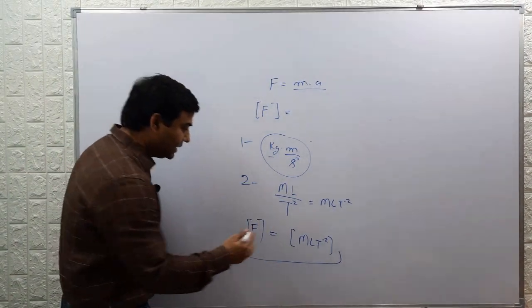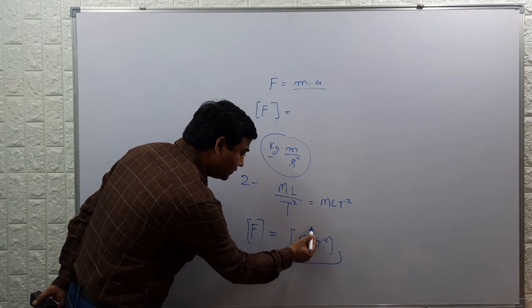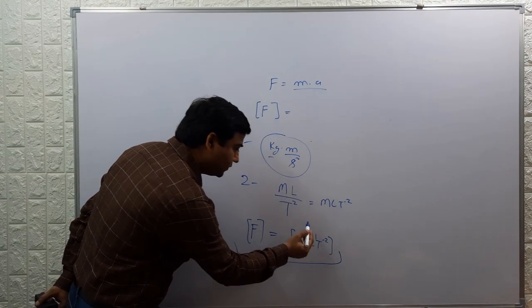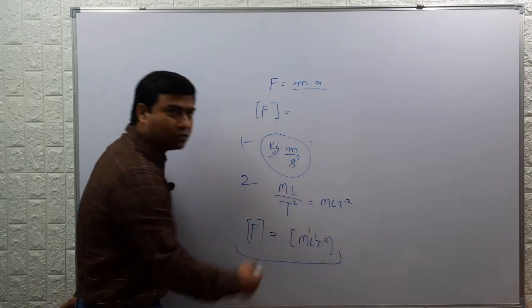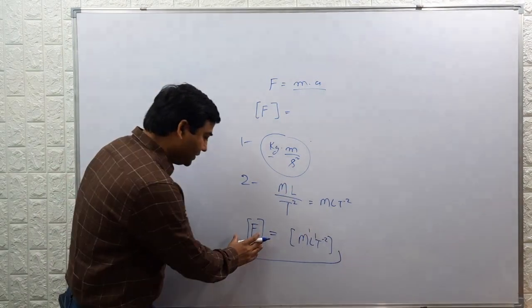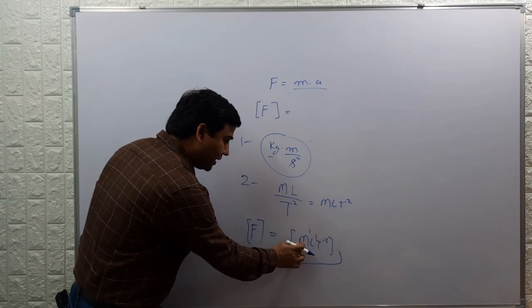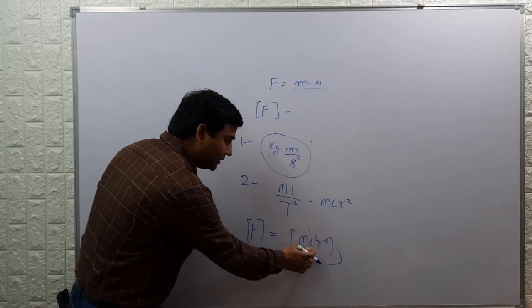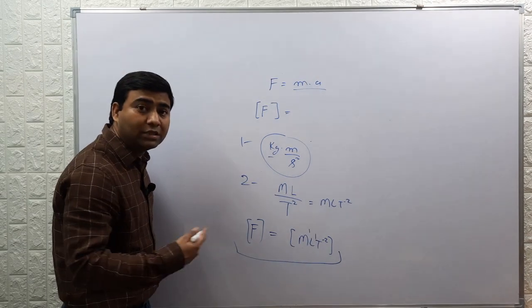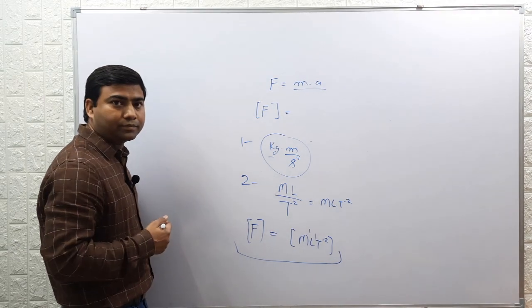Dimensions of force in mass is 1, in length is 1, in time minus 2. We can say dimensions of force is 1 in mass, 1 in length, and minus 2 in time.